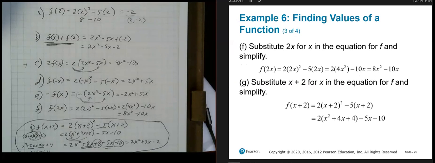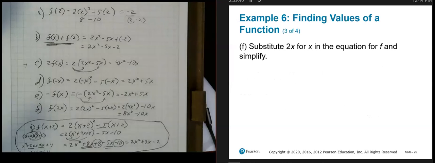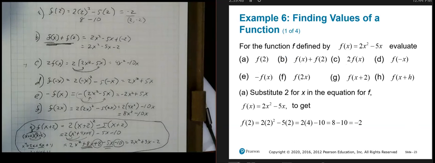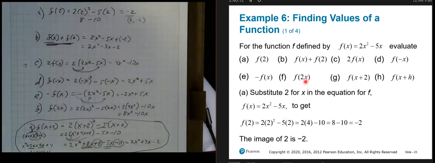Yeah, the ones that people have the most difficulties with, let me back up to the full screen up here, are like letter D, G, and H. F also throws people into a tizzy, letter F. But it's when you're putting something other than just x in there.